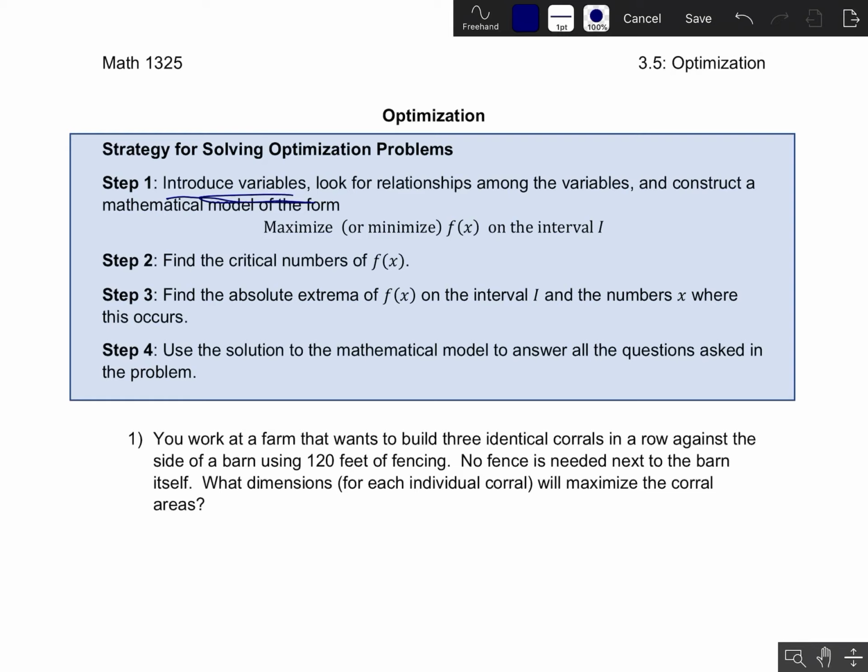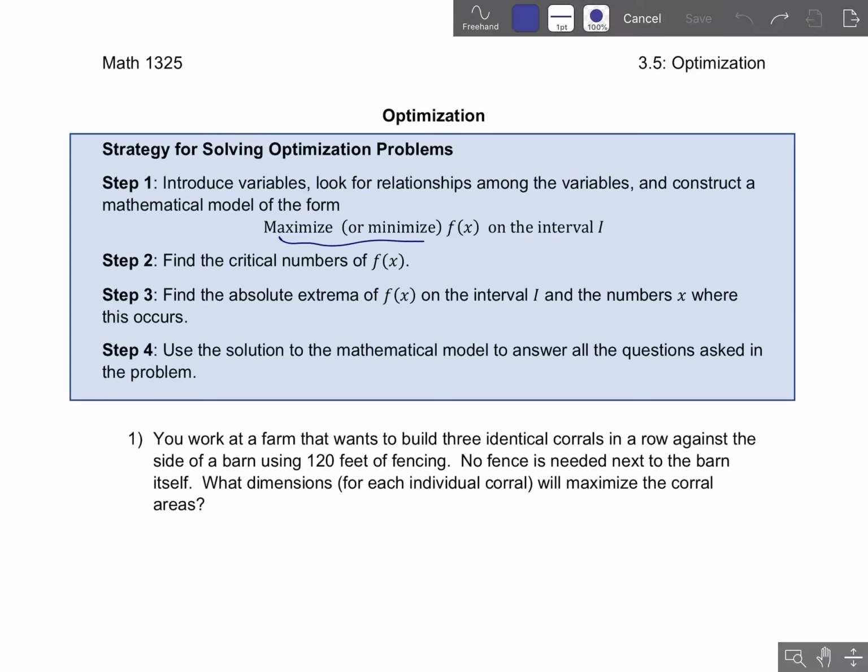So in step 1, it says you can make up some variables. Usually the variables that you'll define are going to be the variables whose value you want at the end of the problem. So for example, if we wanted to know the number of units we should make to maximize profit, then a good variable would be: let x equal the number of units. So you'll make up a variable for all of the unknowns that you're actually looking for.